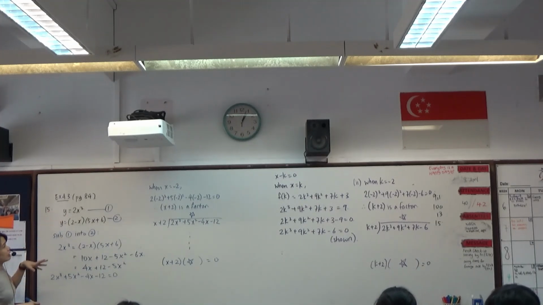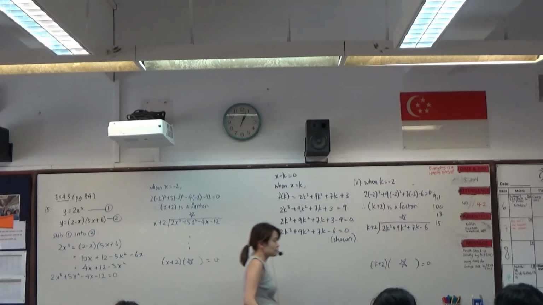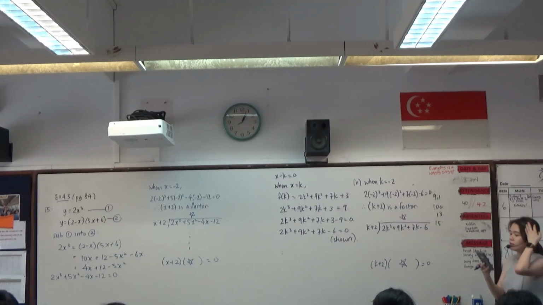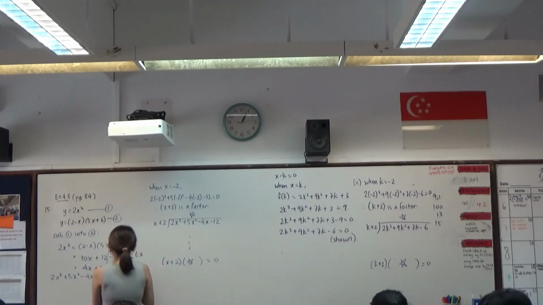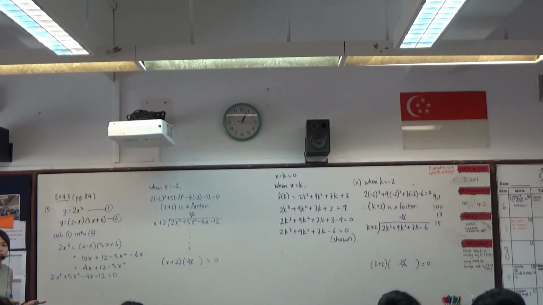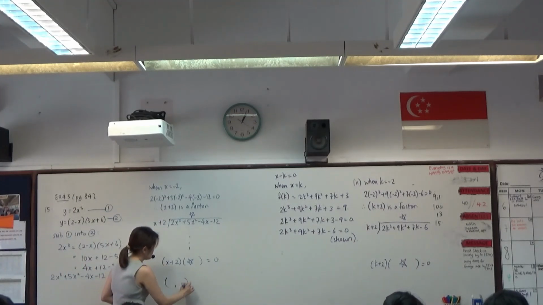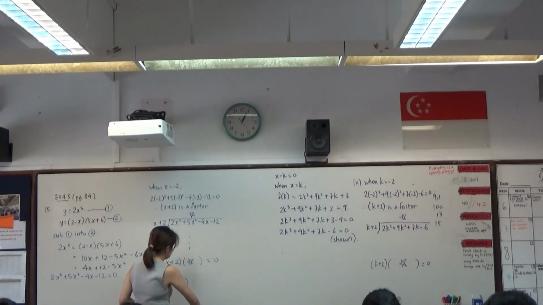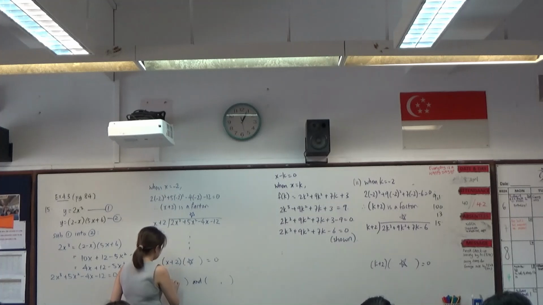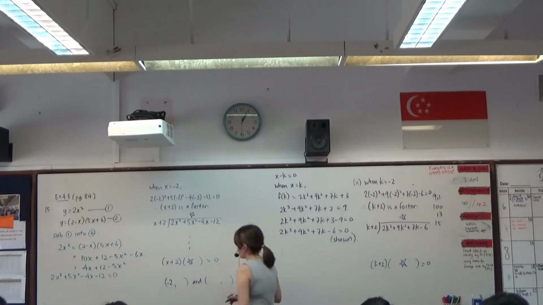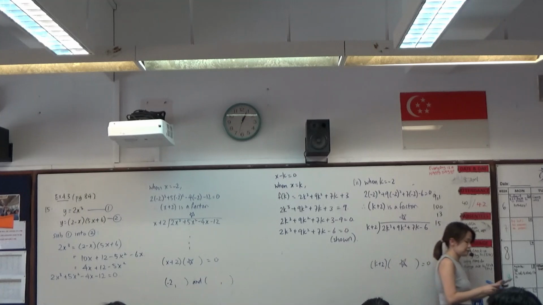So I'm expecting that there should be 3 pairs of coordinates. Let me check. Or 2 pairs of coordinates, sorry. There should be 2 pairs of coordinates. I leave it to you to solve.